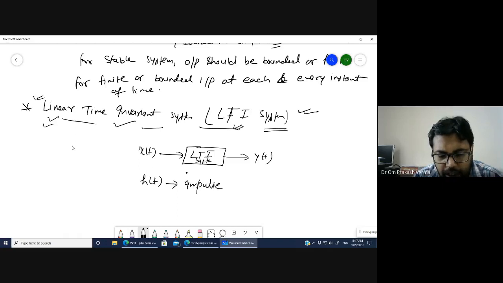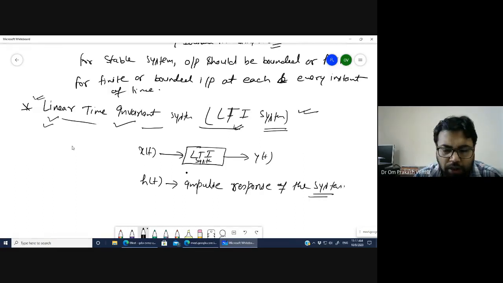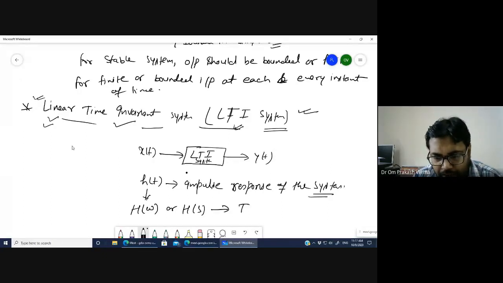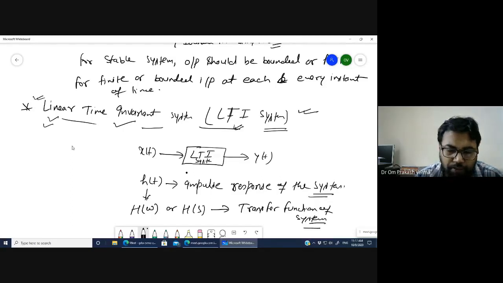That is the impulse response of the system. And in the frequency domain, it is H(omega), or H(s), known as the transfer function of the system. Transfer function of the system, H(s), right?